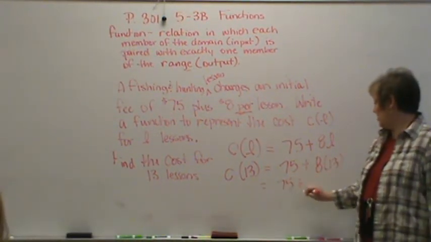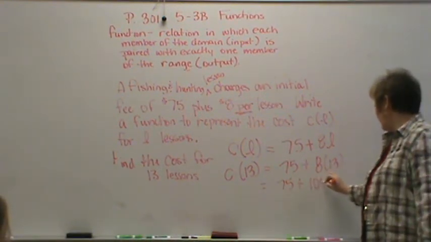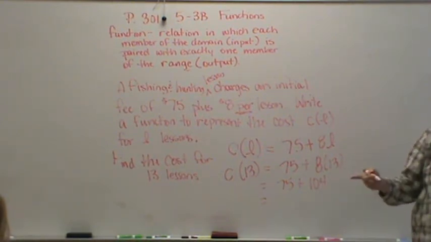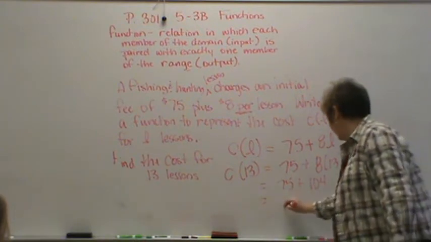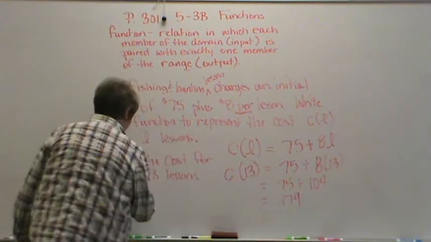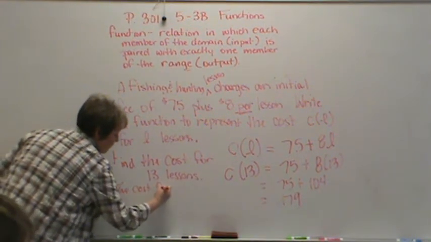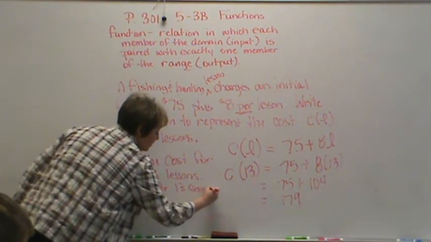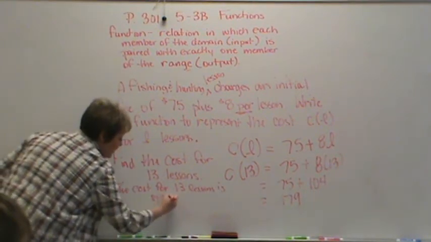What is 8 times 13? 104. So how much total would 13 lessons cost? 179. So the cost for 13 lessons is $179.